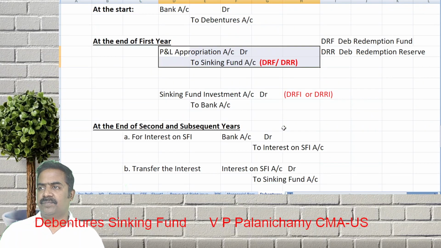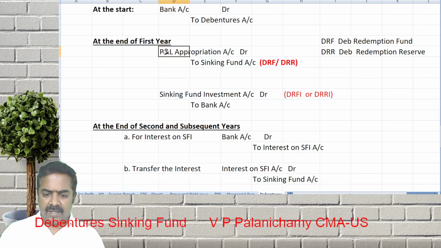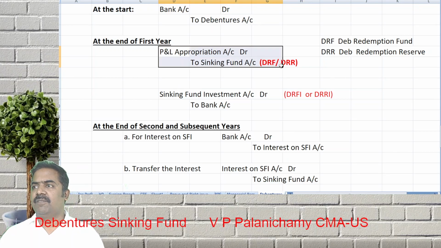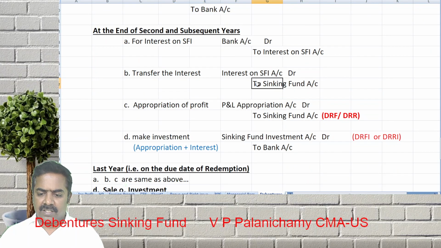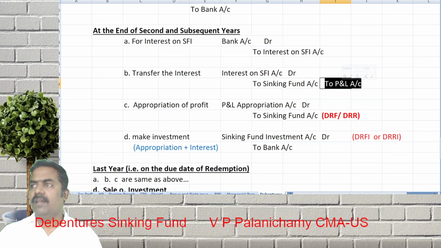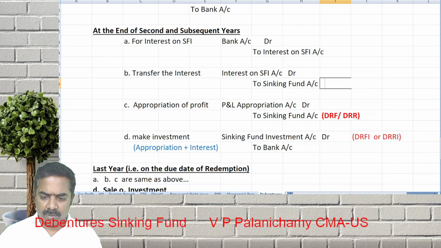Now what will they do? This P&L appropriation only is invested. They will transfer this interest to which account? To which account? To P&L account. It will be transferred to which account? P&L account. Now go back to the entry at the end of second year. Make a note.